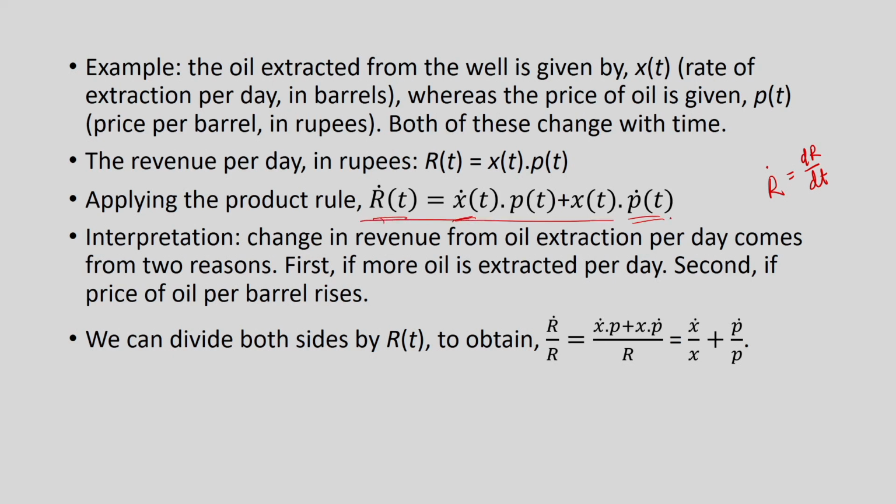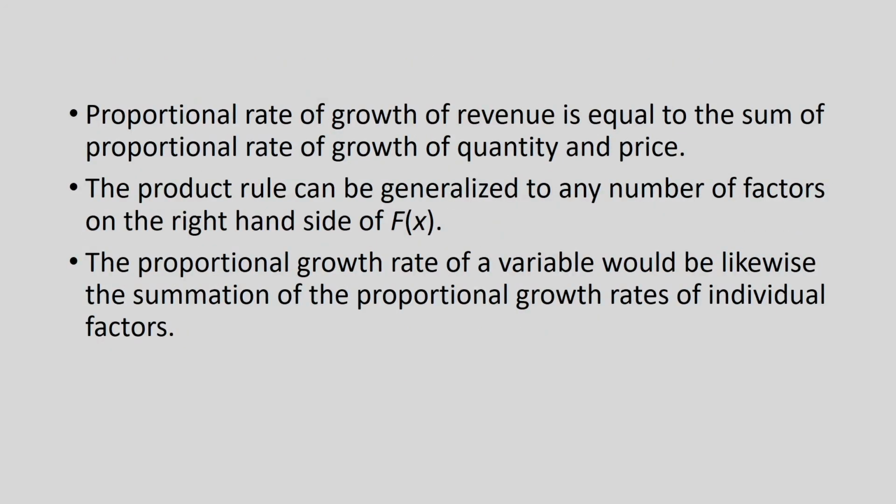From this we can divide both sides by R(t), which is the revenue, and we get the expression R dot by R is equal to (x dot p plus x p dot) divided by R, and that simplifies into x dot by x plus p dot by p. So, R dot by R is equal to x dot by x plus p dot by p. In words, what does it mean?